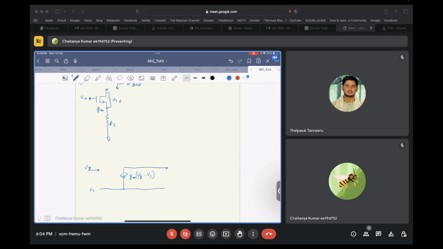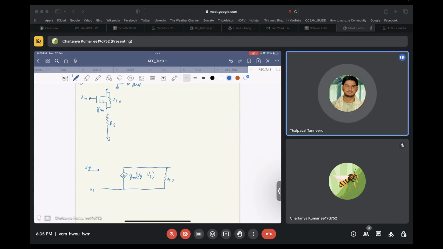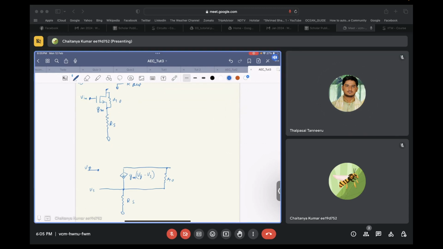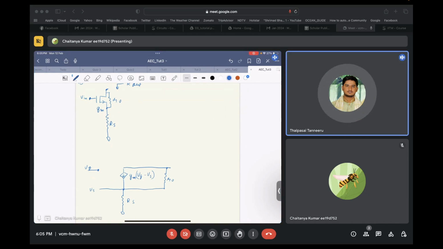In parallel to that, we have the output resistance R0. Can you tell me where Rs will come? Source side, sir. Correct. And where do we need to find the output resistance? At the drain terminal, sir.